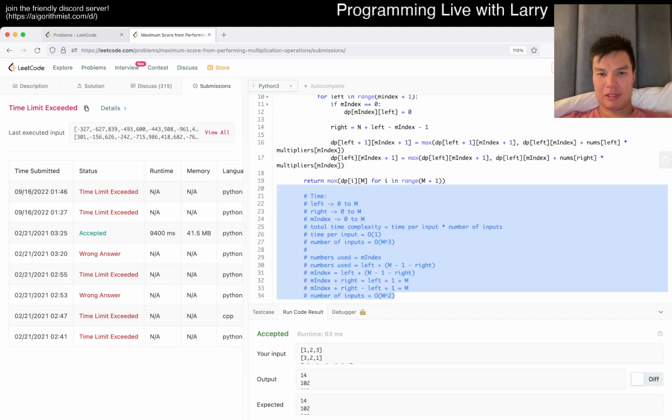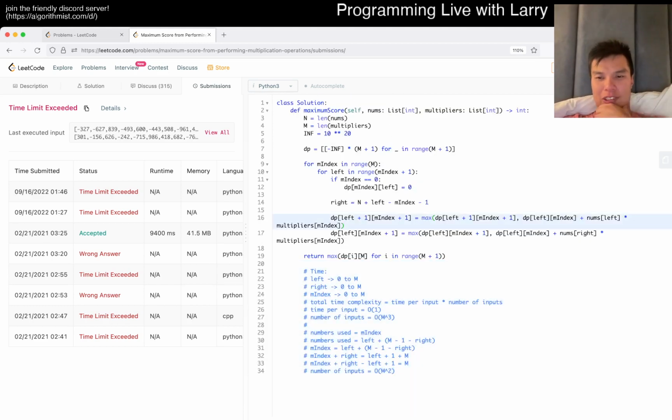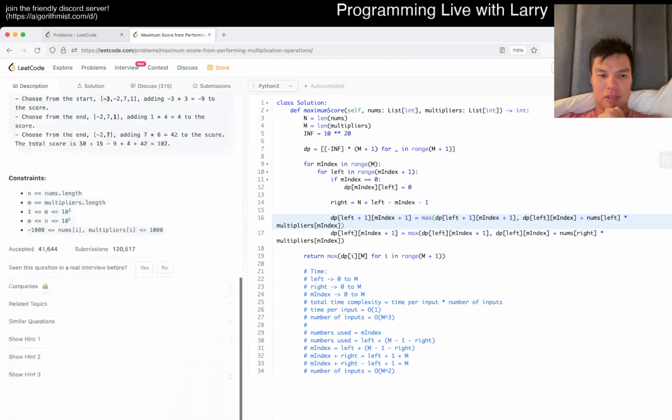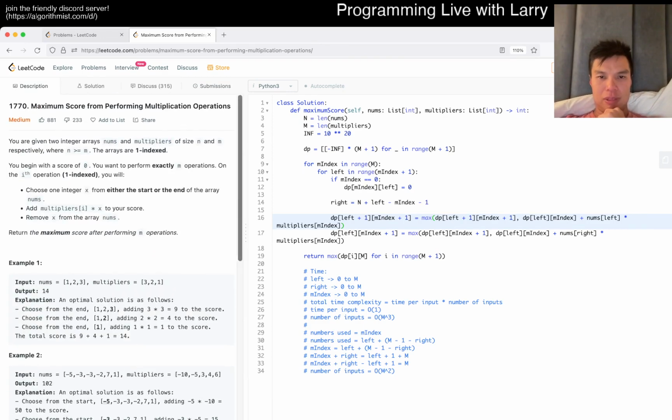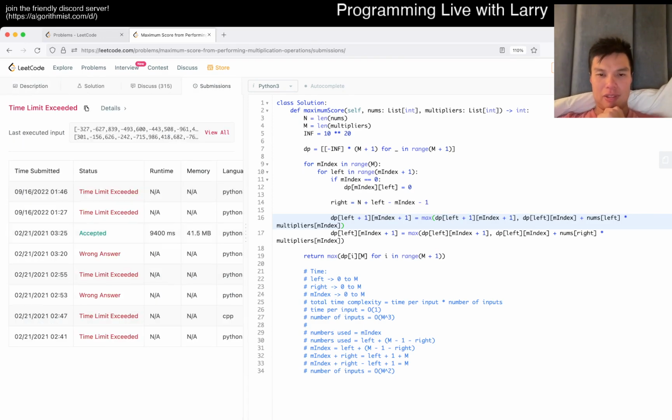Sorry, just I'll keep it up. I was just trying to clear my mind. I don't know what to say on this one, other than that Leetcode is again being really silly. Because this is a pretty tight 10 to the 6, right? I don't think I did anything funky. I mean, other than calling max functions, so.